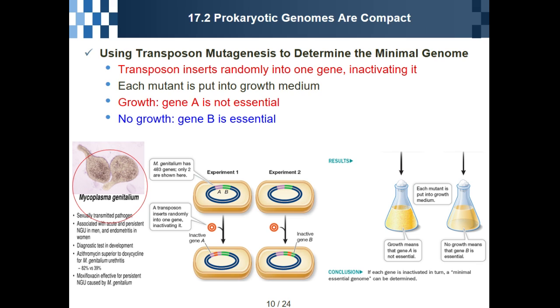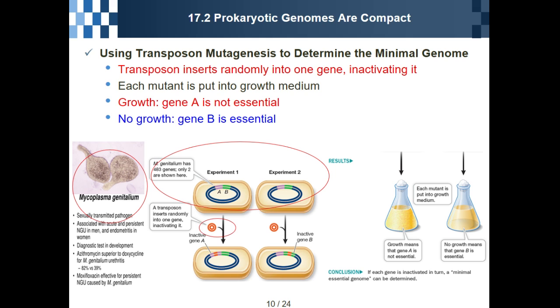Mycoplasma genitalium is a sexually transmitted pathogen. They are bacteria, and Mycoplasma genitalium has around 483 genes. In this picture, they only showed two genes, A gene and B gene.